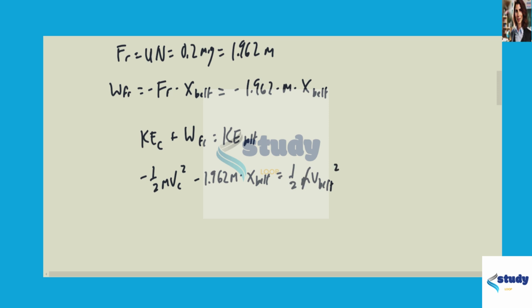Once again, we divide through by m. The m's cancel out. We don't need the masses. And we just plug in what's left. Once you get that, you should be able to solve for this variable, x belt, and you should get 2.03 meters.